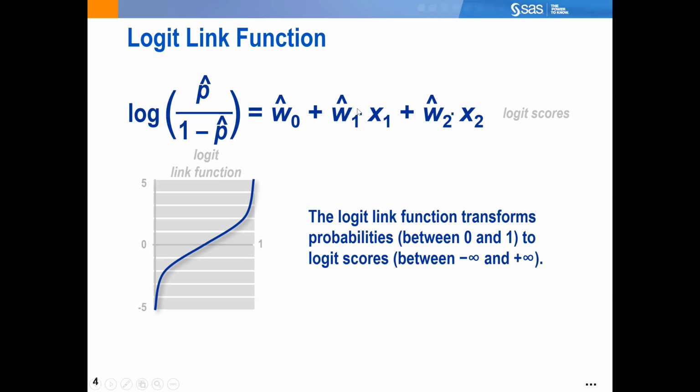And you want a mechanism to transform those values into a number between 0 and 1. That's the probability we are interested in, and this logit link function does the trick for us. As you see, the probability will always be bounded by 0 and 1, and the logit score can range from positive infinity to almost negative infinity.